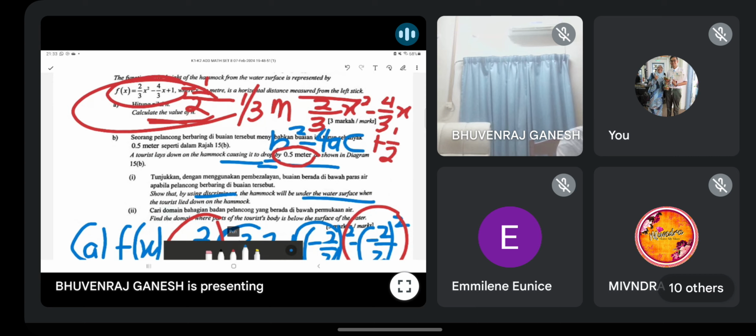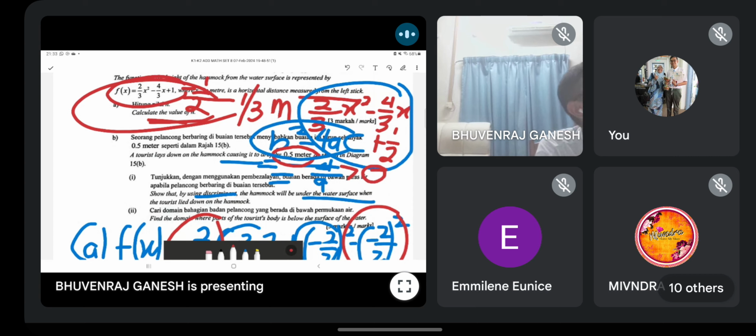Okay, so now you count B square minus 4AC. Guna persamaan ni, you will get 4/9. Okay, 4/9. So 4/9 is greater than 0. Am I right? 4/9 lebih besar dari kosong kan? So, there will be two roots.